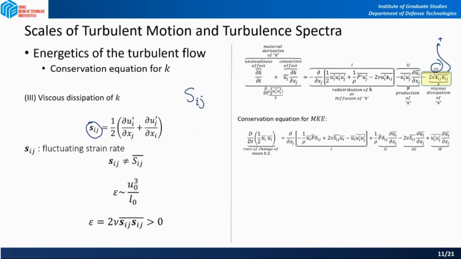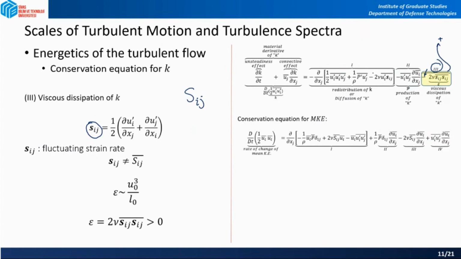There is a minus sign in the front, so this whole thing will always be negative in the K equation. So this term 3 will always act as a sink and it reduces the turbulent kinetic energy.